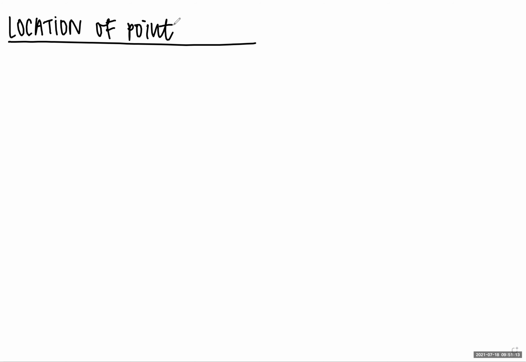Now, what is this location of point about? This location of point can only have 3 locations. It's either inside the circle, on the circle, or outside the circle. Means there's only 3 scenarios. So I'm going to teach you all these 3 scenarios right now.